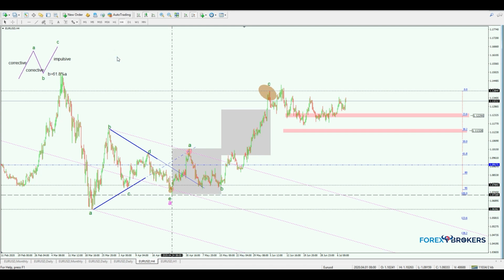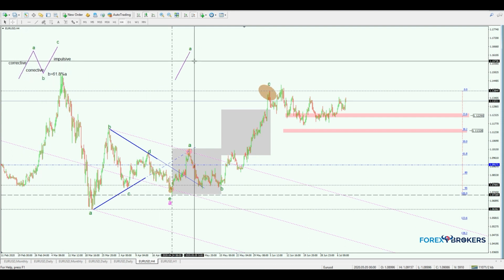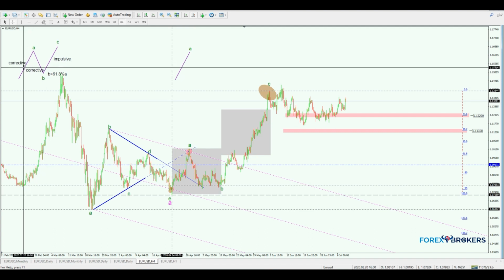In this part, we move on to one type of flat that is called a flat with a weak B wave. In a flat with a weak B wave, wave A obviously is corrective. The B wave retraces between 61.8 and 80% of wave A. No more, no less.